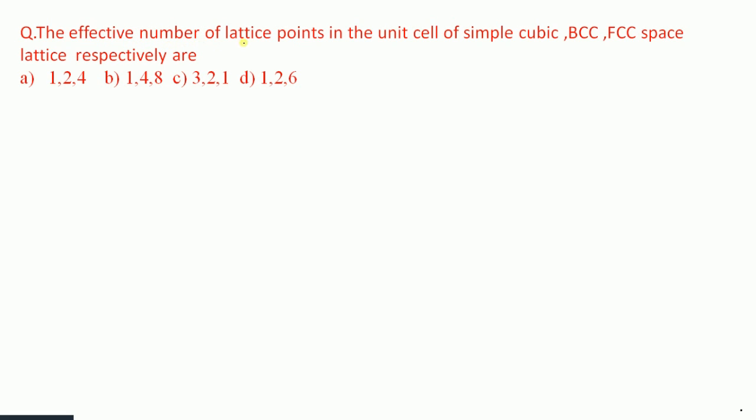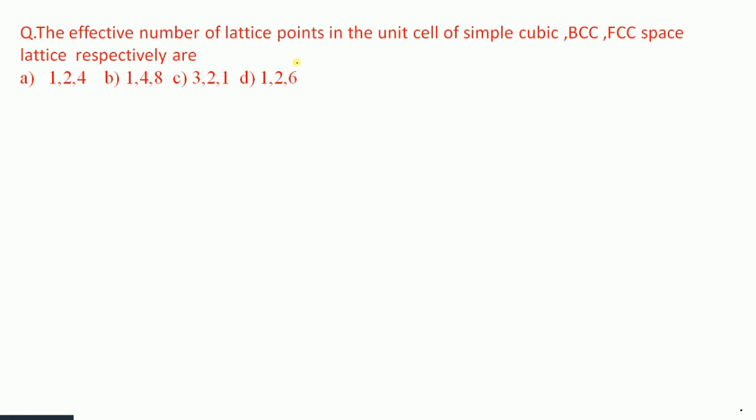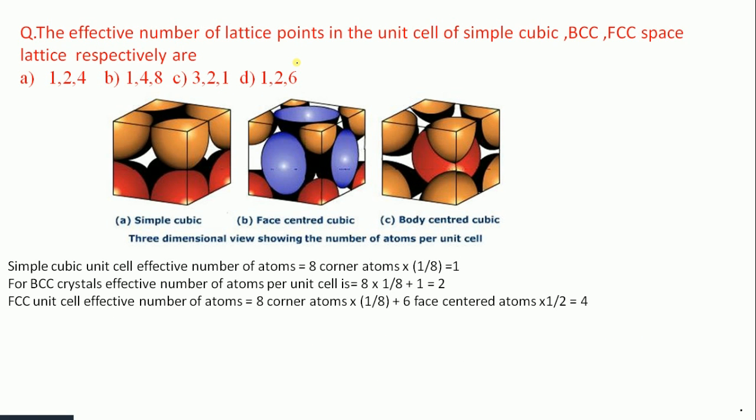The effective number of lattice points in the unit cell of simple cubic, body centered cubic, face centered cubic space lattice respectively are 1 2 4, 1 4 8, 3 2 1 or 1 2 6. So effective number is the number of atoms that can be covered in a simple lattice.